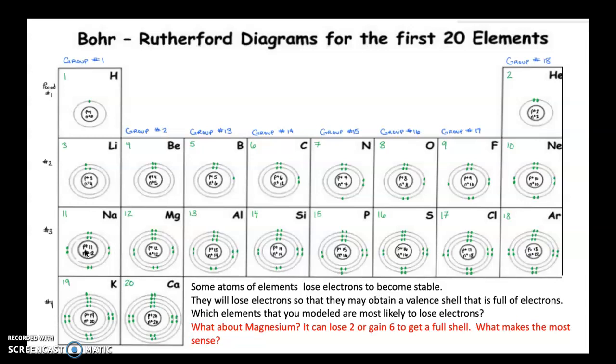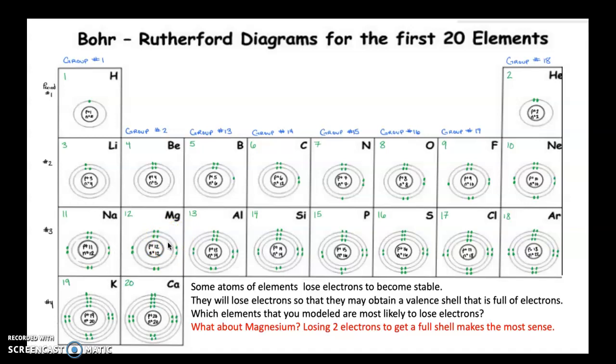Well, think about it again for another split second, and you'll see that it's going to lose 2 electrons to get a full shell. Now there again, you see that when it loses those 2 electrons, it looks a lot like, right over here, neon. And there is our magnesium, 12 protons, 12 neutrons. It only has 10 electrons now, but it's really stable.